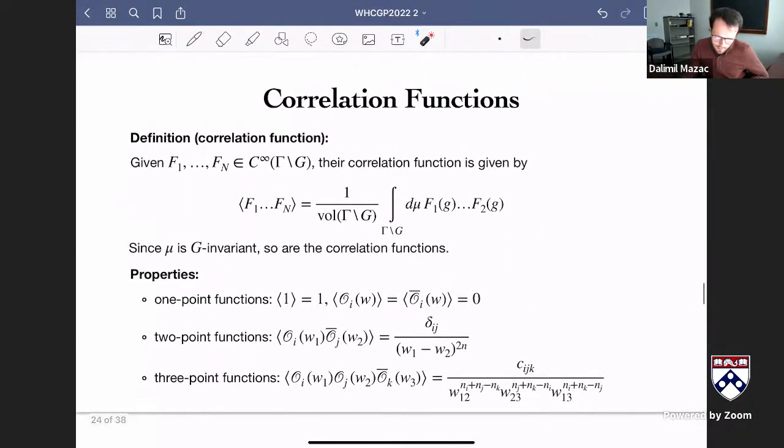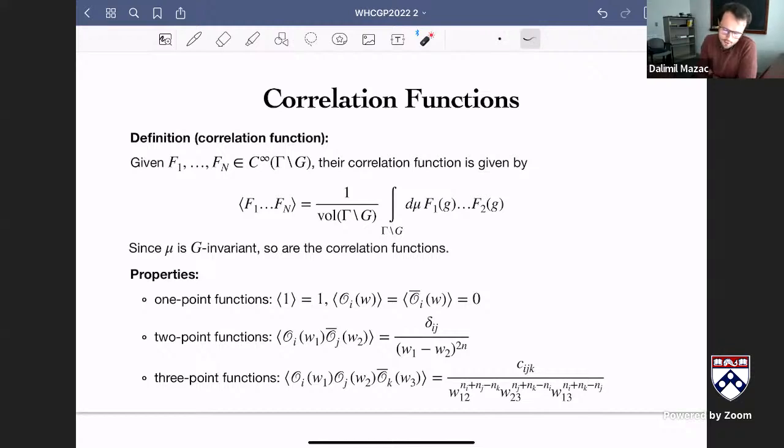Okay, having defined local operators, you can define correlation functions. So just start with a bunch of automorphic forms in this space, take a product, and the correlator is defined as the integral of the product, appropriately normalized so that the expectation value of 1 is 1.